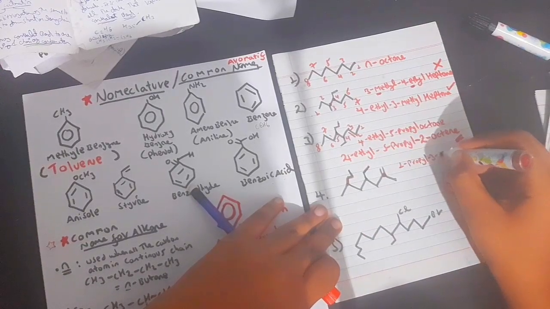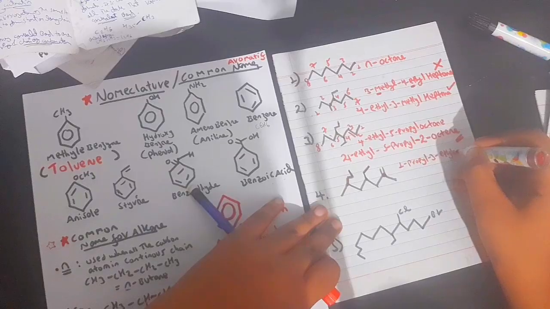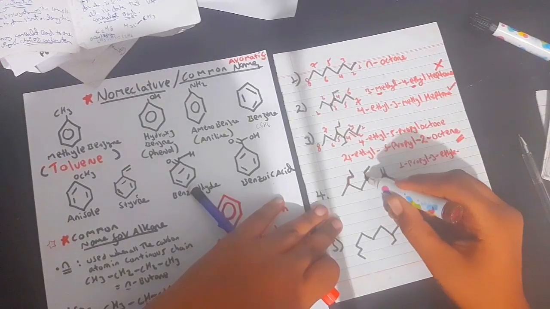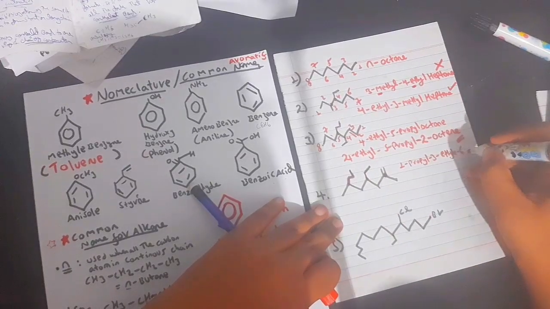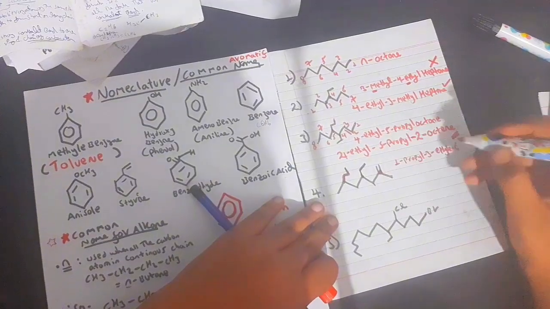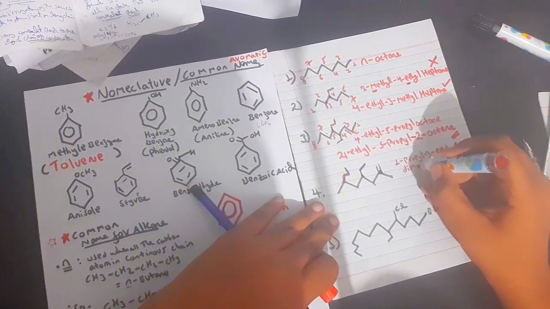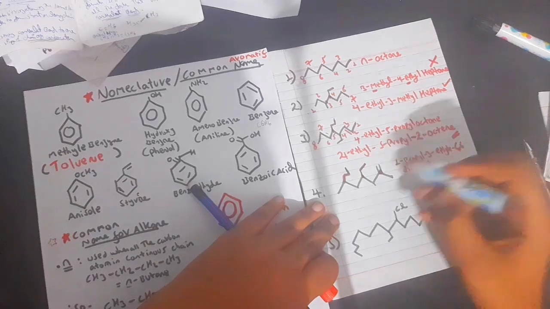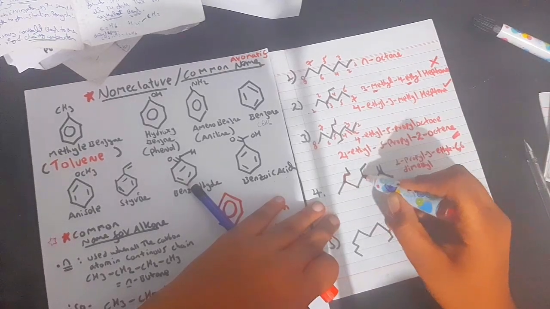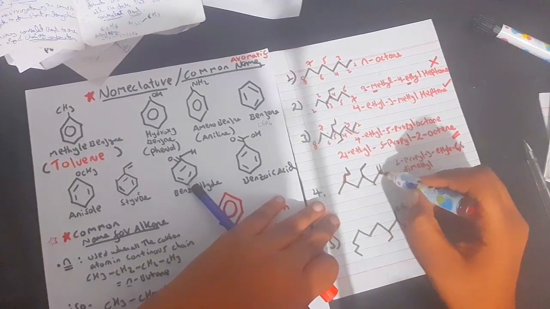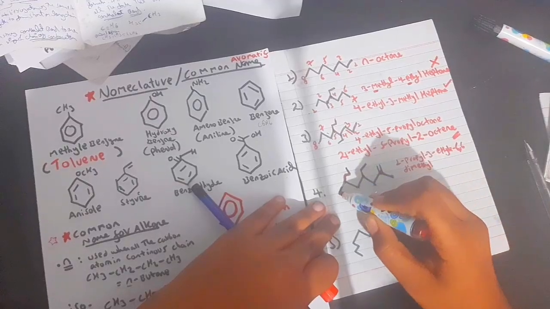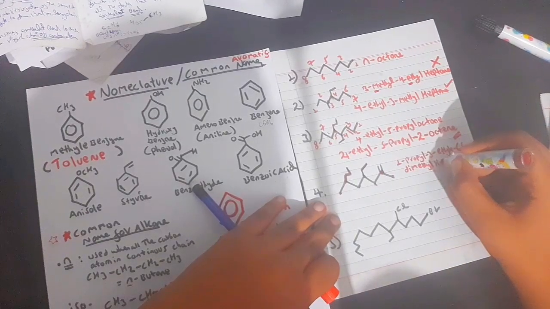At 3 there is ethyl, and 1, 2, 3, 4, 5, 6. At 6 there is also another, which is going to be dimethyl, and then the overall is 1, 2, 3, 4, 5, 6, 7. Yeah, it's going to be heptane.